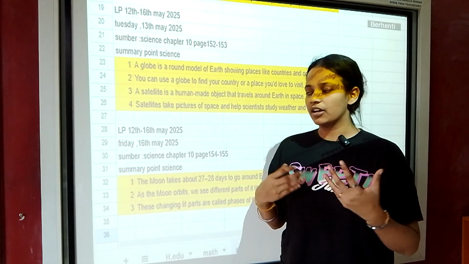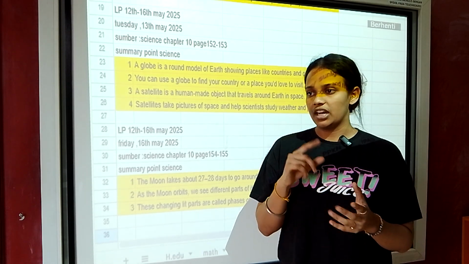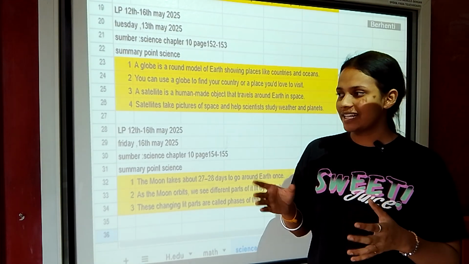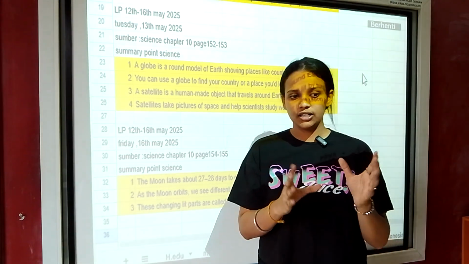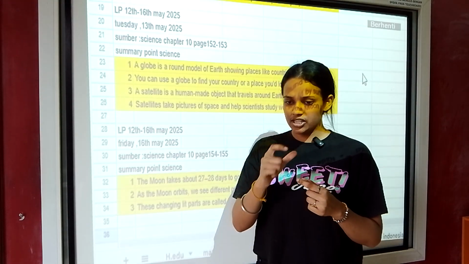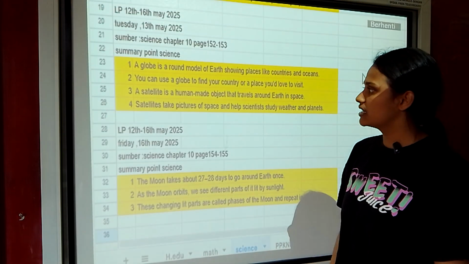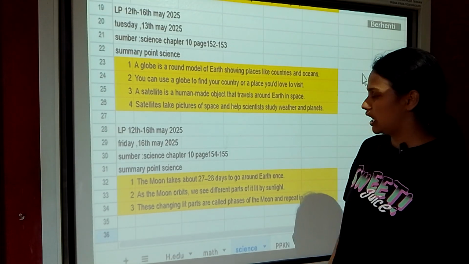Nowadays we have the digital globe and the physical globe. In the digital globe we can see places directly and do a street view, but in the physical globe we cannot see the street view because we just measure with a scale.